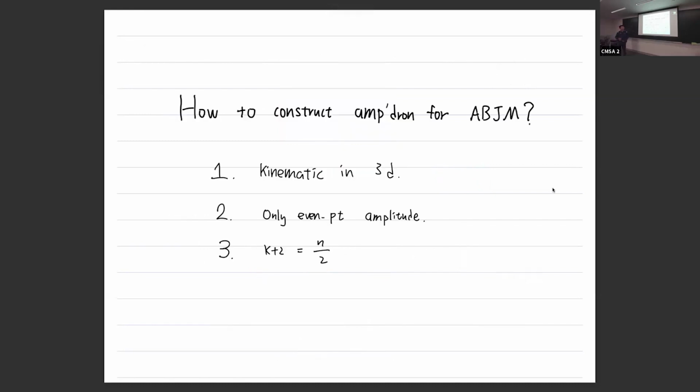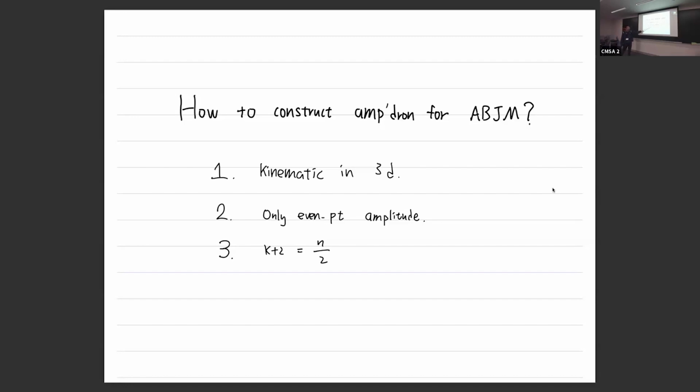Now we can go to our topic, the ABJM geometry. First we need to know the criteria this geometry must satisfy. Since ABJM theory is in 3D, we need to reduce the kinematics to 3D. Second, the ABJM theory only has even-point amplitudes, so we need to remove the odd-point amplitudes from the geometry.